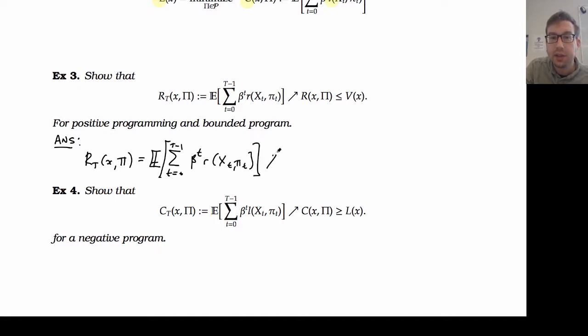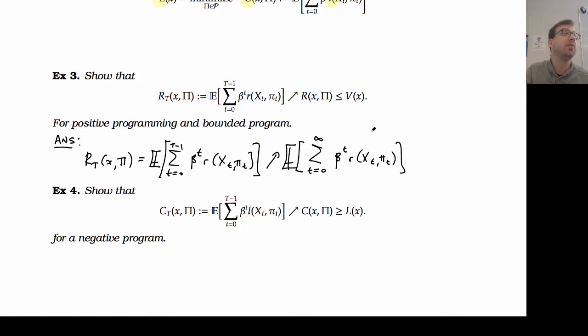Well, this goes up to the sum from t equals 0 to infinity of beta to the t R of x of t, pi of t. And why is that? Well, it's just the monotone convergence theorem, or in the case of bounded programming, the bounded convergence theorem.